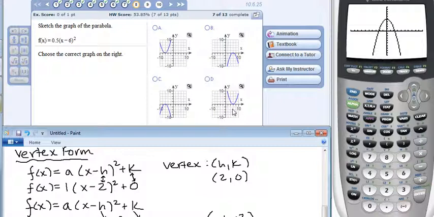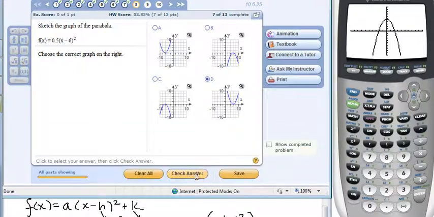Well, it's got to be that one. Okay? We don't even need the calculator. I could take about 3 seconds to figure that one out just by looking at the graph, the value of this, whether it's positive or negative, and looking at the vertex, because the vertex just pops right out at me. I can do that way faster than I could ever get it in the calculator. I don't even need the calculator for a lot of these.